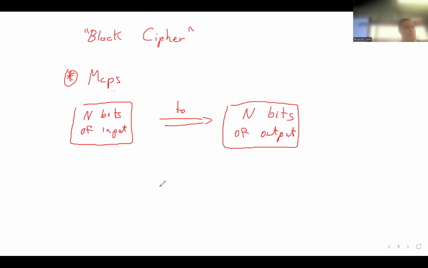Now the algorithm for a block cipher, we can define it more formally. I'm going to use a different color here, green. We have a plain text block of n bits.